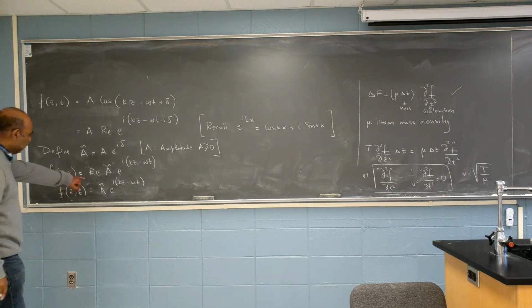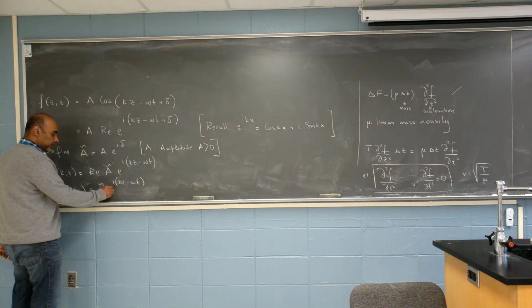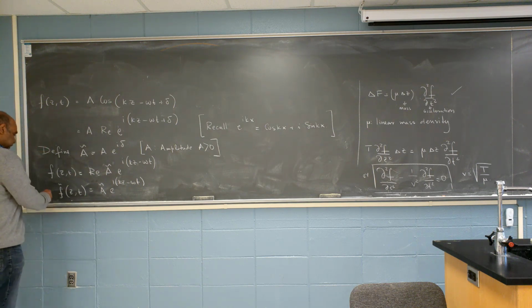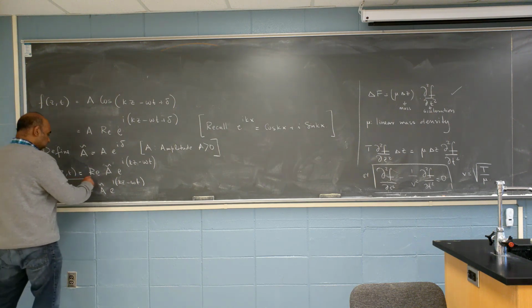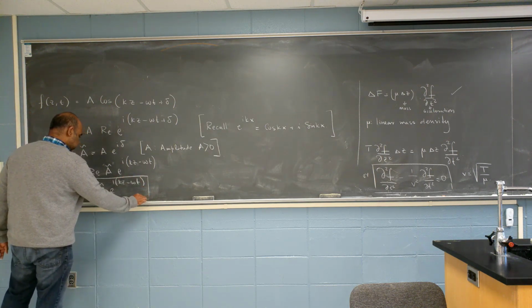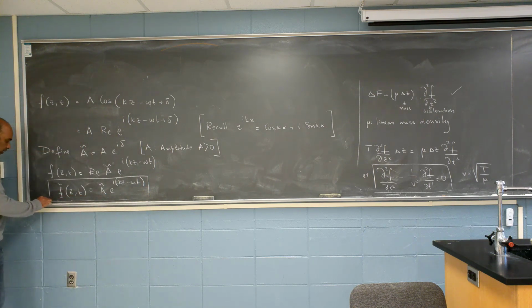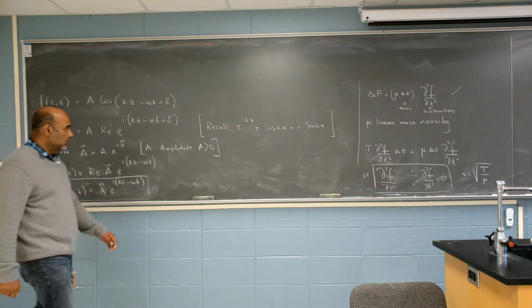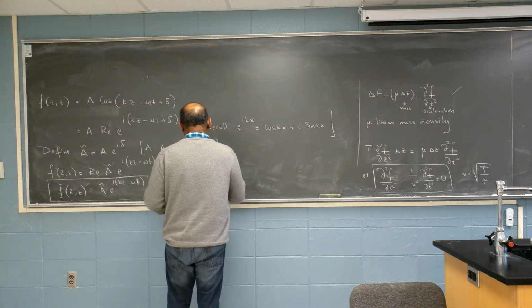That way I don't have to write real everywhere. Okay? So this is typically the form that we will work with, and you'll see shortly that all calculus is just over. Well, what does that mean? What are we trying to do with it?